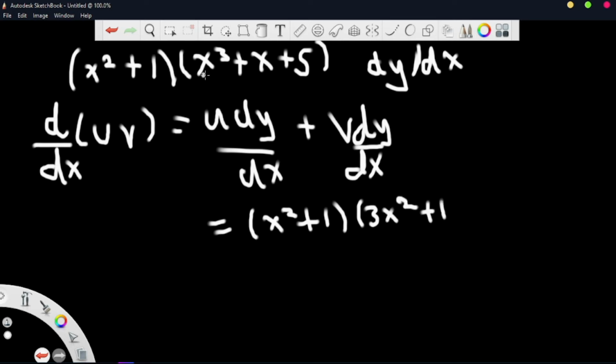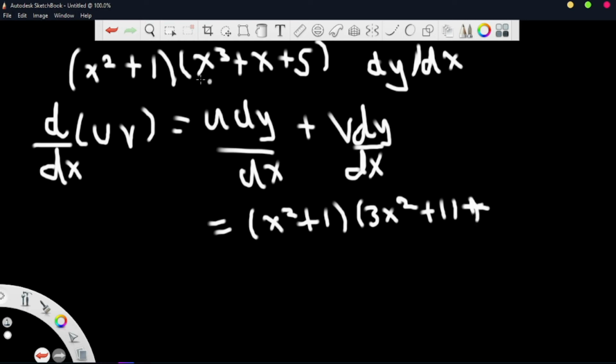And every time you differentiate a constant like 5, it comes up to 0. Any number differentiated is 0.